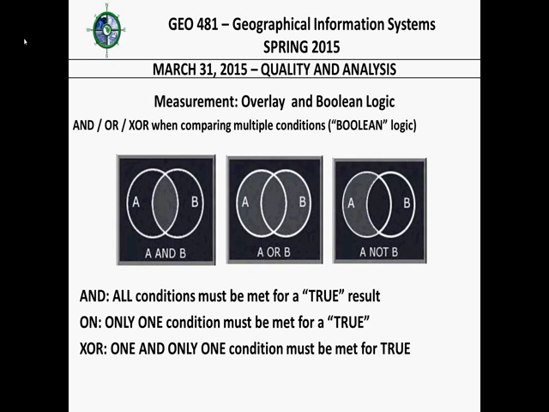So in the diagram, if the query is A and B, you're only looking at that area where they overlap. If I were to ask, is it cold and snowy?